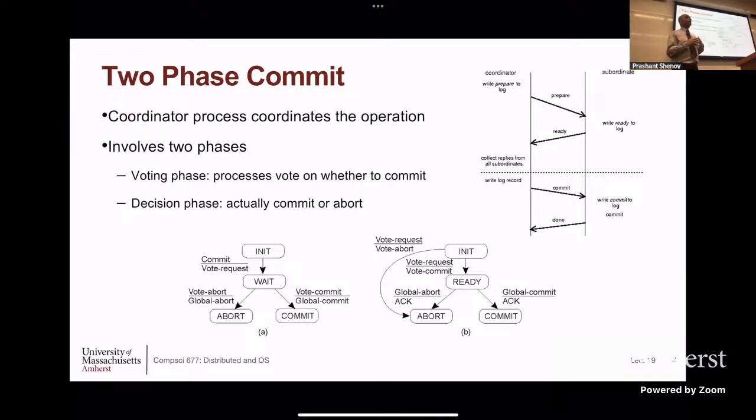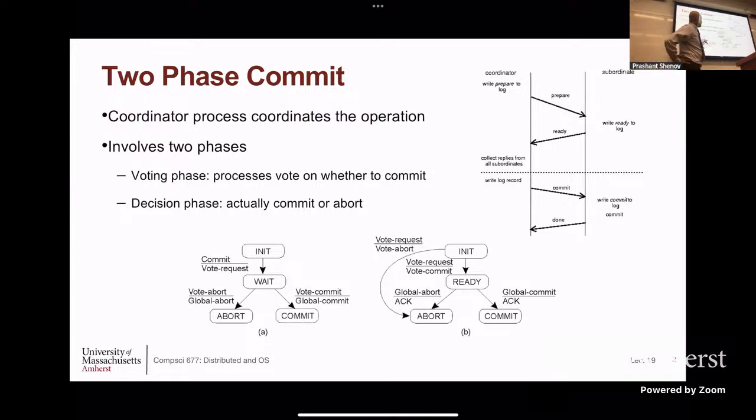If everyone votes commit, then the decision is to commit the operation. Even if one node says abort, then you abort the operation. So this is not a majority vote. An abort is essentially a veto. If one node says no, something went wrong, all the nodes have to undo everything. So that's the basic idea.